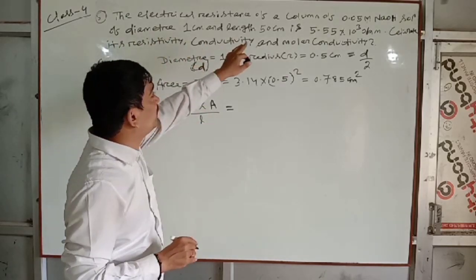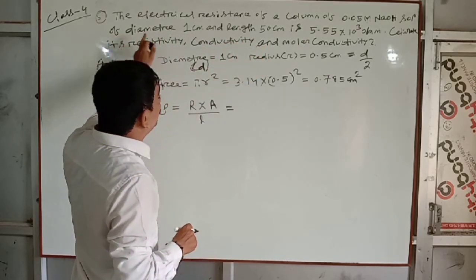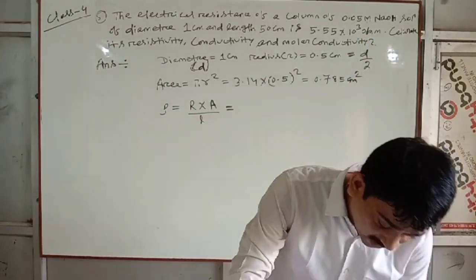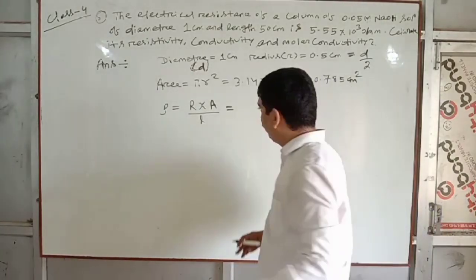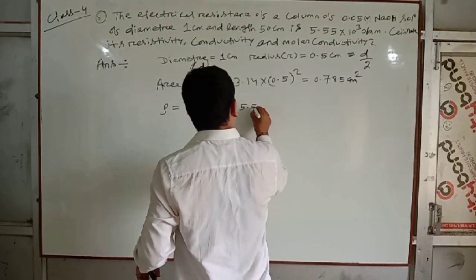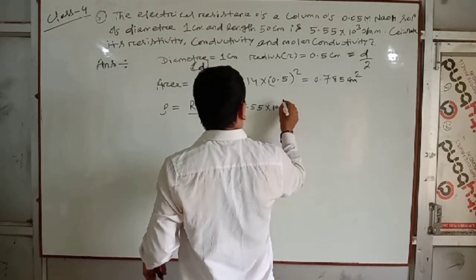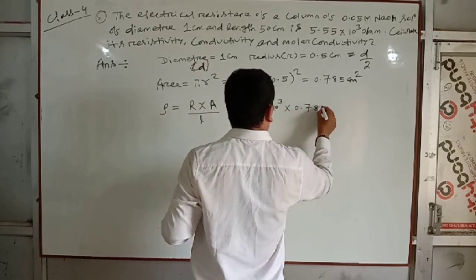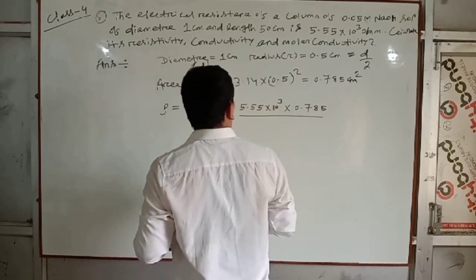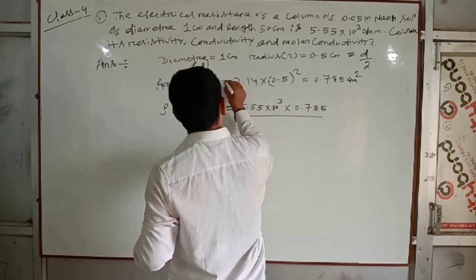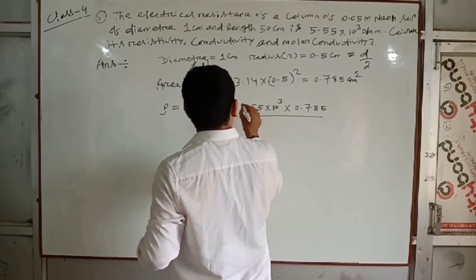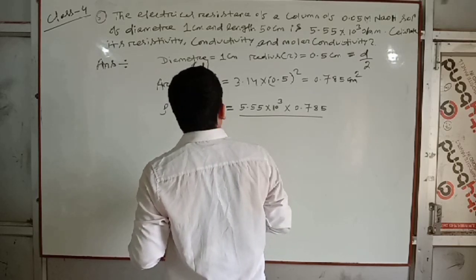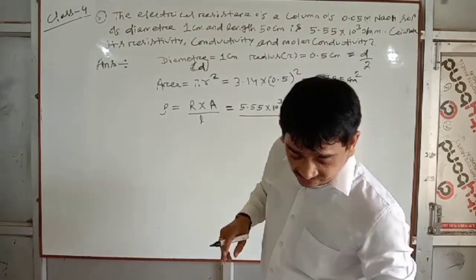The electrical resistance of the column is 5.55 into 10 to the power 3 ohm. So rho equal to 5.55 into 10 to the power 3 into area 0.785 divided by L. Length is 50 cm.